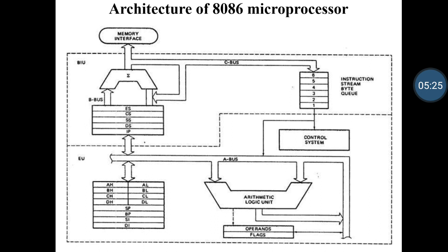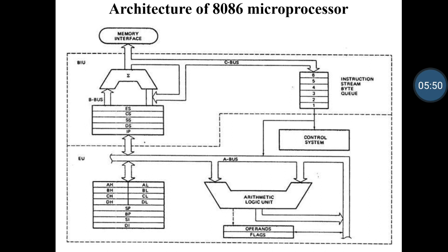BIU stands for bus interface unit and EU for execution unit. As the figure shows, in the bus interface unit there are 5 registers: ES, CS, SS, DS and IP.